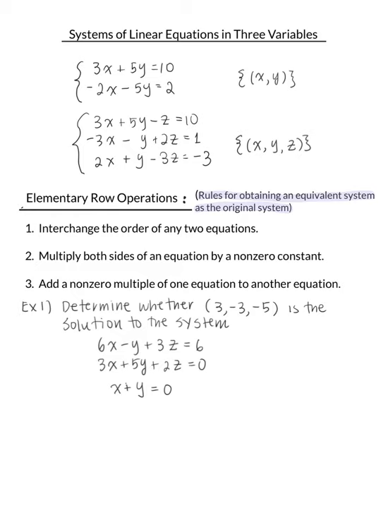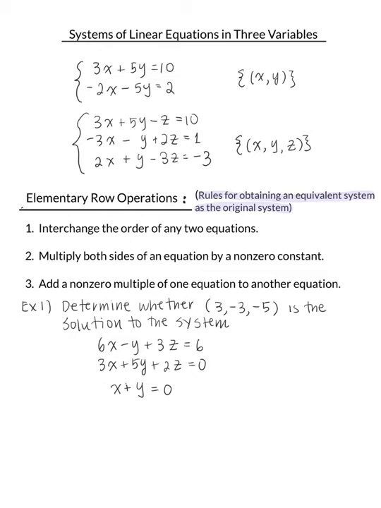Example 1: determine whether the ordered triple (3, negative 3, negative 5) is a solution to the system 6x minus y plus 3z equals 6, 3x plus 5y plus 2z equals 0, and x plus y equals 0. Now, if this ordered triple is a solution to the system, it must satisfy all 3 equations.